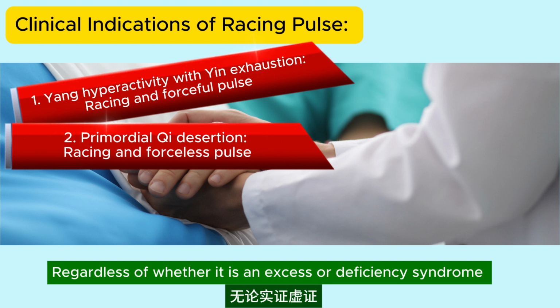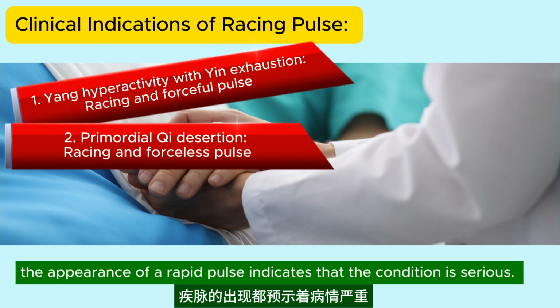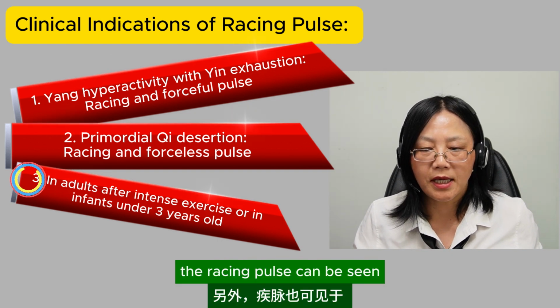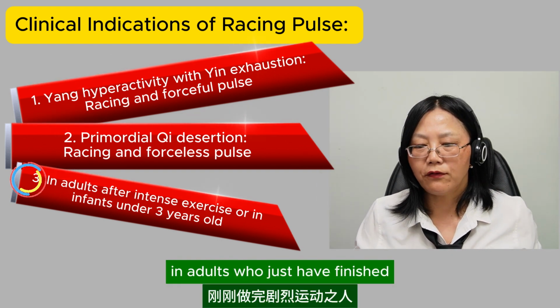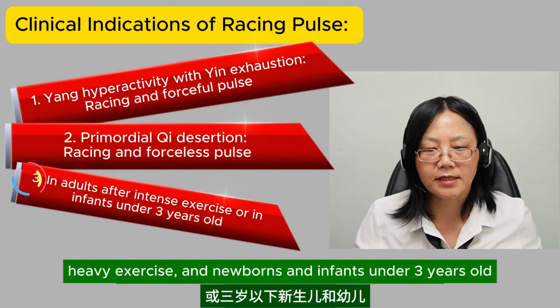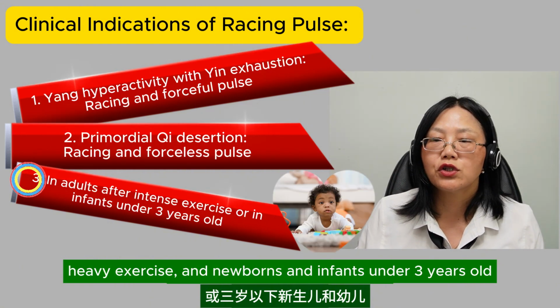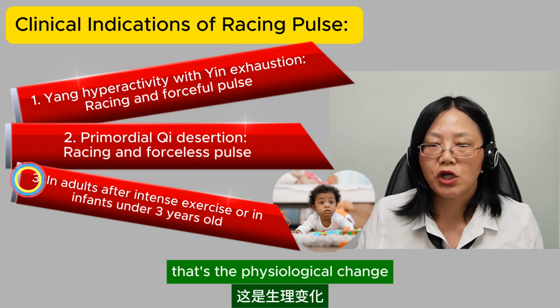Regardless of whether it is an excess or deficiency syndrome, the appearance of racing pulse indicates that the condition is serious. The racing pulse can be seen in adults who just have finished heavy exercises and in newborns and infants under 3 years old. That's the physiological change.